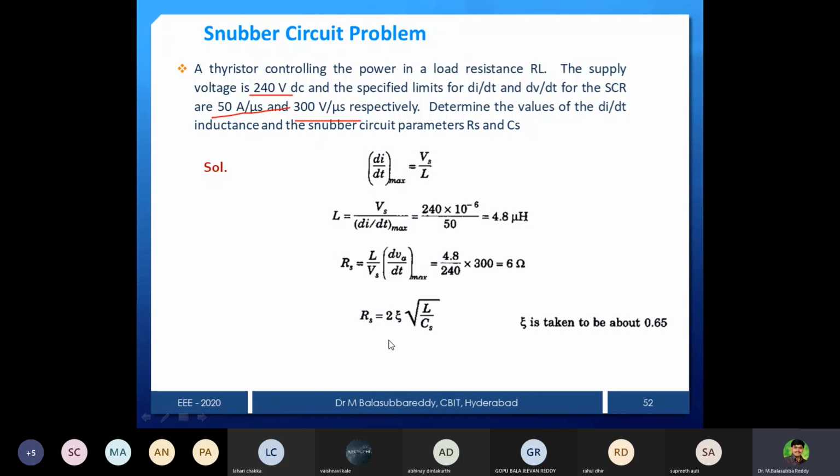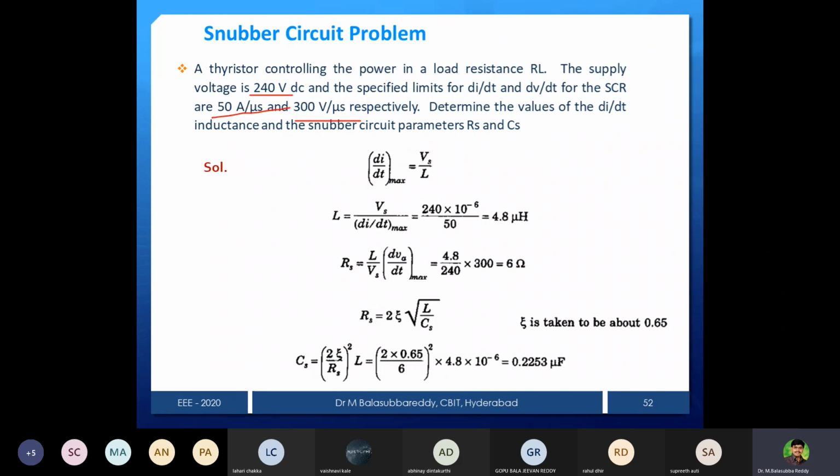Otherwise, any one between 0.5 to 1 you can take and substitute. So now you can get the Cs value. So Rs is 6, we got it, and 0.65, 2 into, and multiply the L value. So that L is 4.8 into 10 to the power minus 6. So we'll get the final Cs.